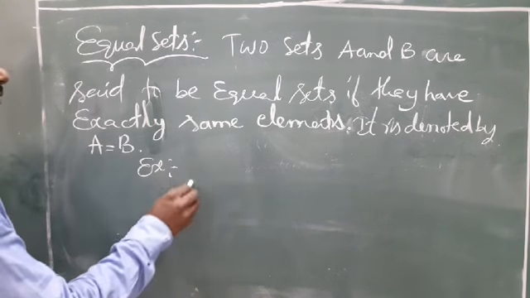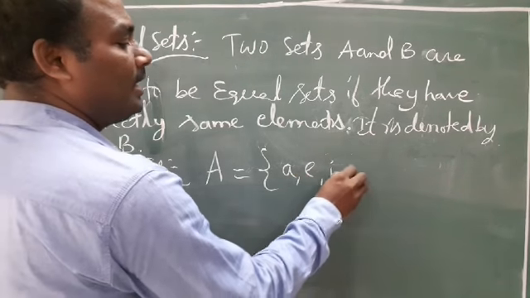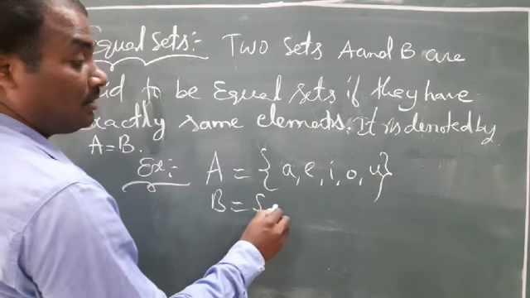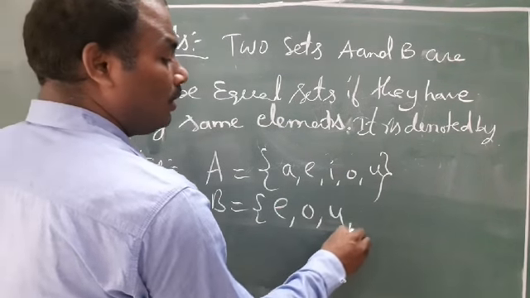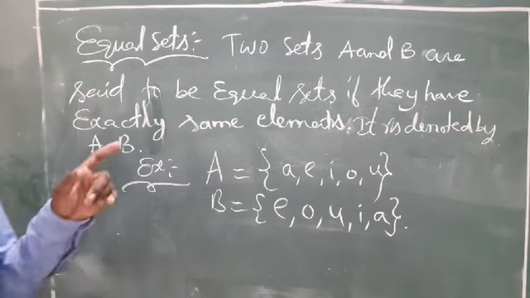For example, A is equal to the set of A, E, I, O, U. B is equal to the set of E, O, U, I, A. Yes or no? Yes. Now observe here.